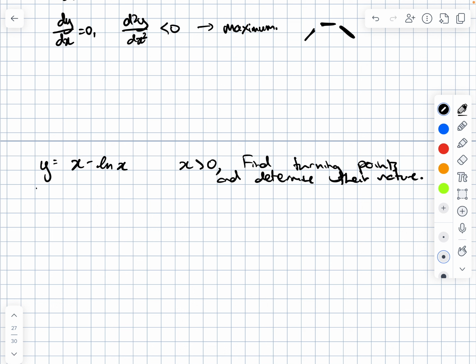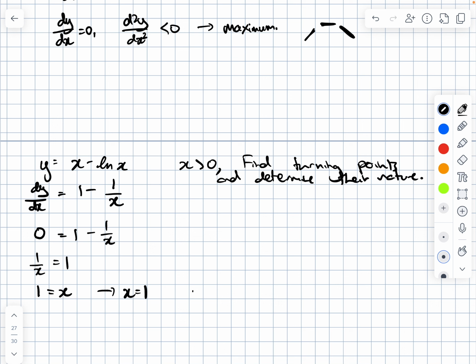So turning points means dy/dx equals 0. So we're going to differentiate. 1 minus, and ln differentiates to 1 over x. And then we're going to make dy/dx equals 0 for the turning point and solve. Well, we can add the 1 over x to the left-hand side, and then times by x to get x equals 1.